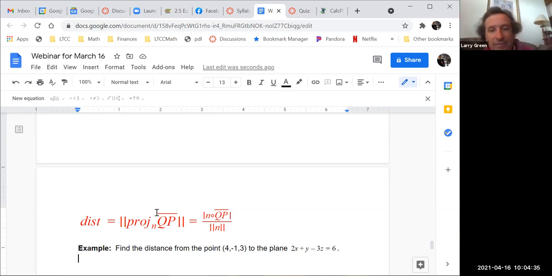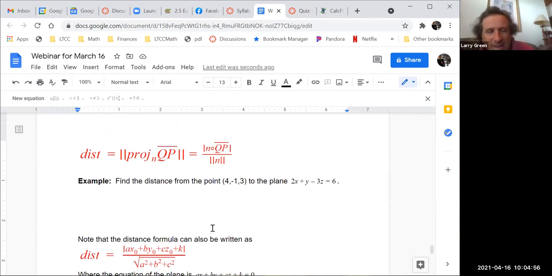The projection is a vector, but we want the distance, which is a number instead of a vector. That's why these absolute values and the magnitudes. If you want the vector, then you have to multiply by n, but we don't want the vector, we want the length of the vector.